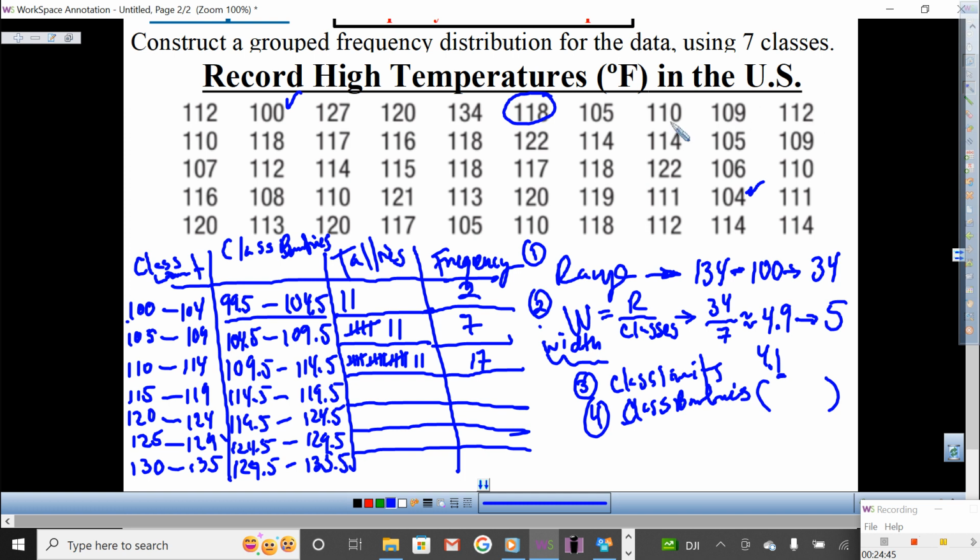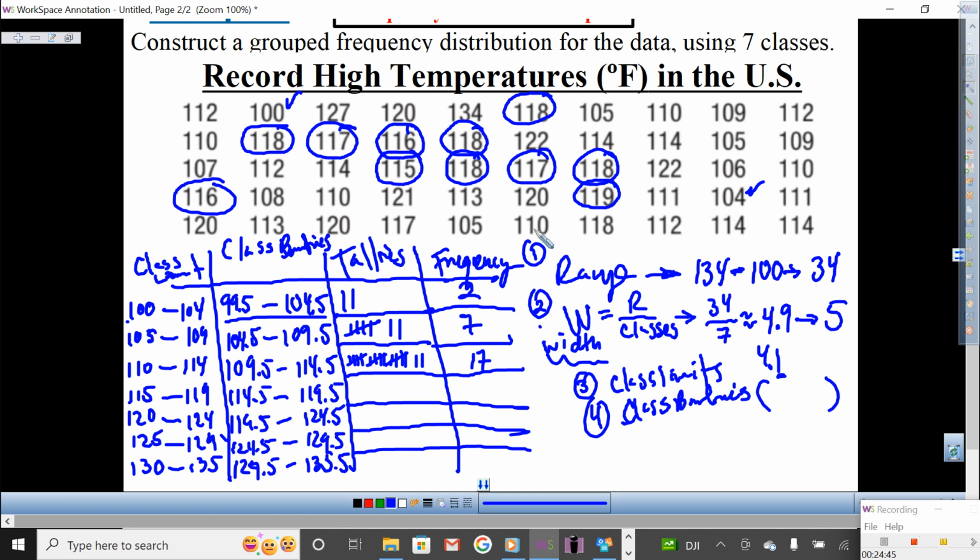1, 2, 3, 4, 5, 6, 7, 8, 9, 10, 11, 12, 13. 13, okay. 1, 2, 3, 4, 5, 1, 2, 3, 4, 5, 1, 2, 3. 13.